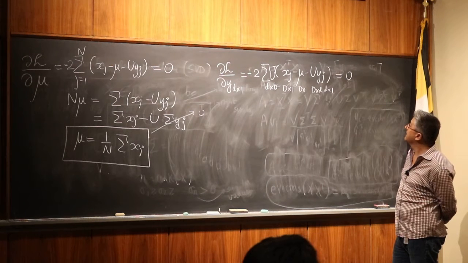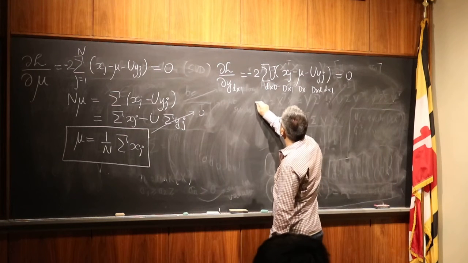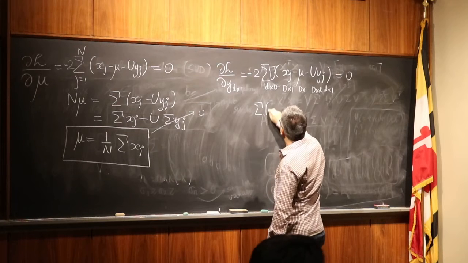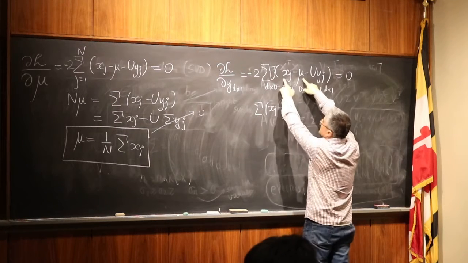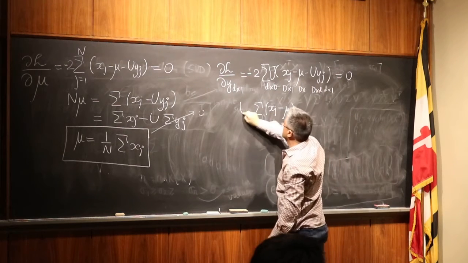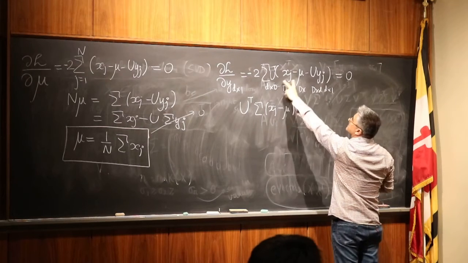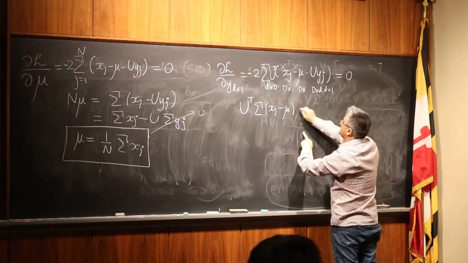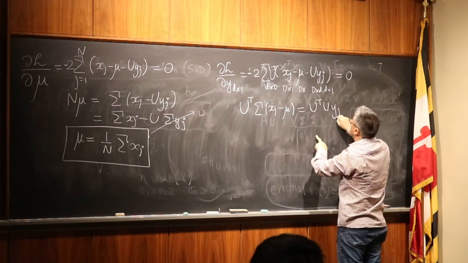So now, let's see. What I get from here is that the sum of xj minus mu, which is this part, the u is fixed relative to the sum, so I can put it outside. So u transpose times the sum, which is these first two terms, is equal to u transpose u times yj.